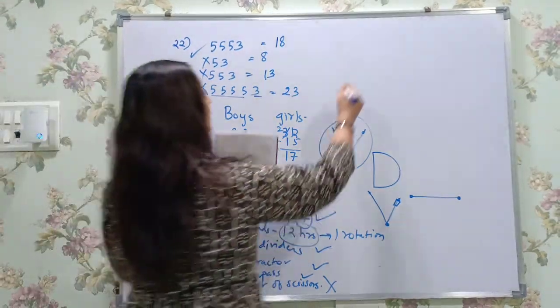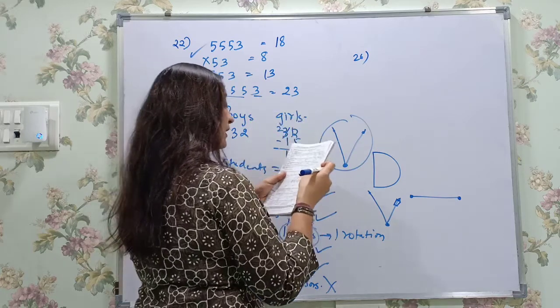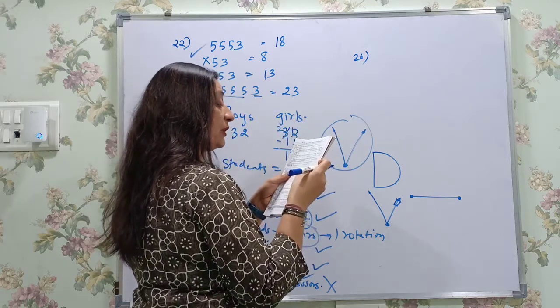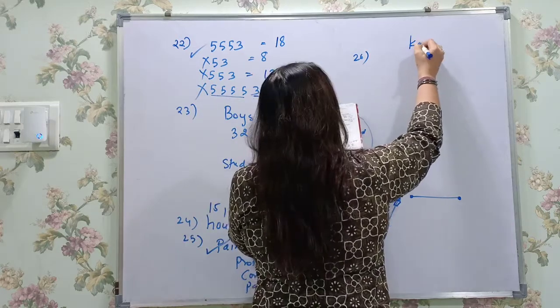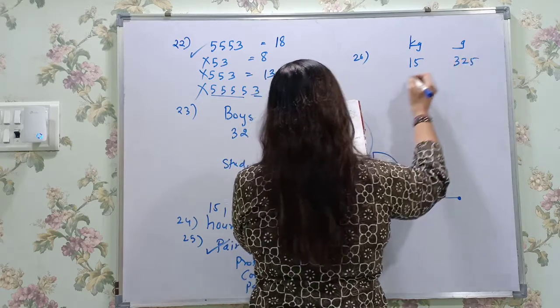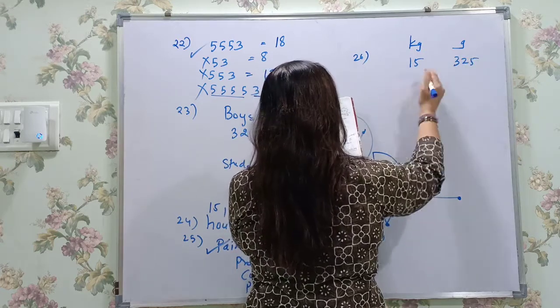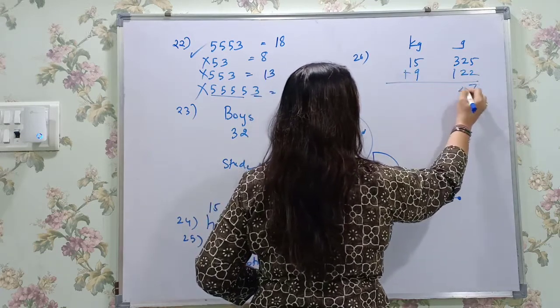Okay. Sum number 26. Subtract 4 kg 15 gram from the sum of 15 kg 325 gram and 9 kg 122 gram. So first we do the addition: 15 kg 325 gram plus 9 kg 122 gram. So let's add them first.